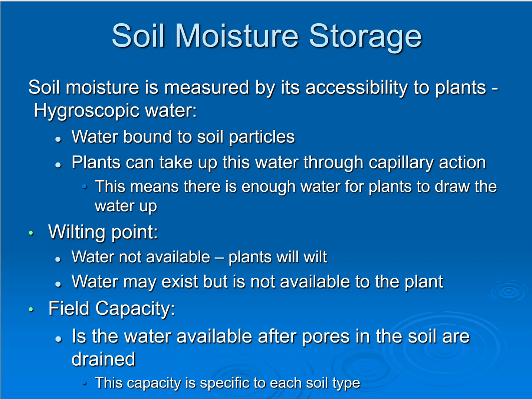Field capacity is the amount of water that's available after the pores in the soil are drained. So we're really measuring how much physical space is between each particle of soil. That's going to be a cubic foot of potential water that gets stored in that rock structure.